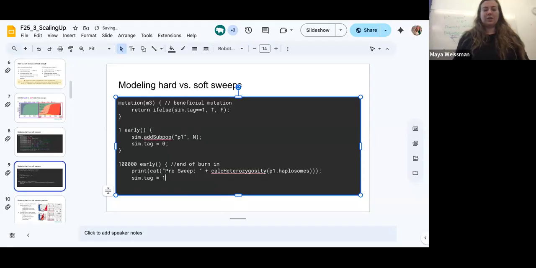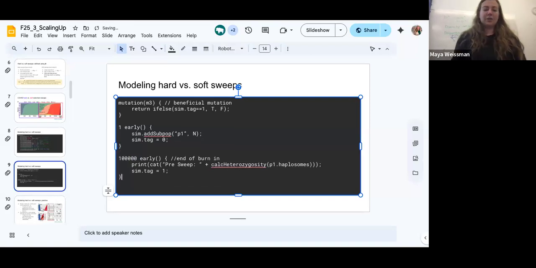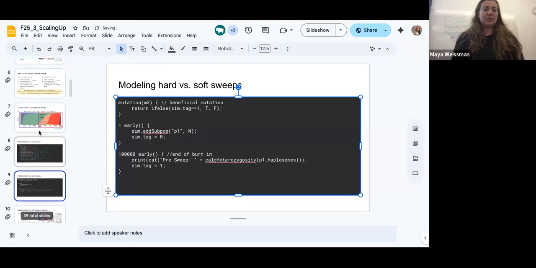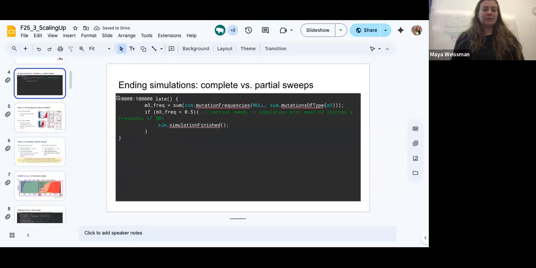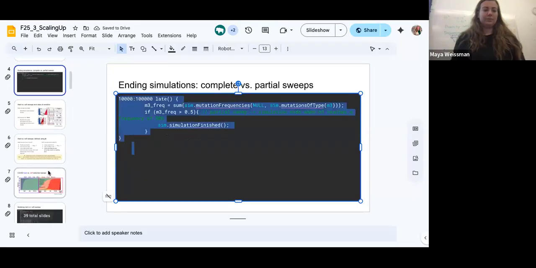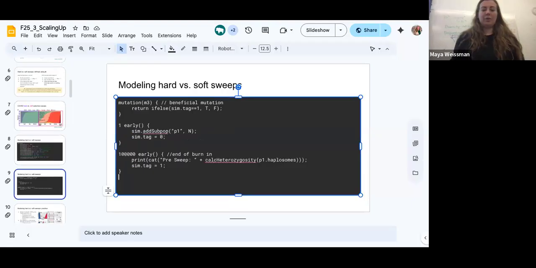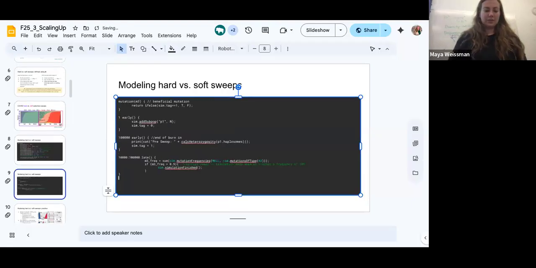So this little bit of code right here is saying let's end the burn-in and output this, and then we'll add something like this.